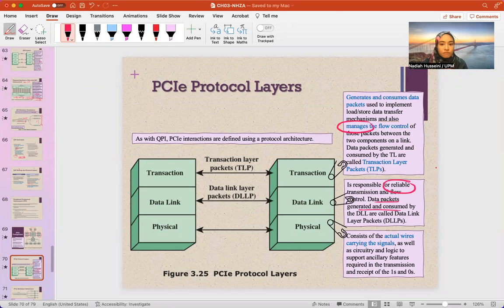But we need to talk more on this to see the difference. In definition, it almost seems similar, right? The data packets generated and consumed by the transaction layer are called the transaction layer packets. So the unit of transfer is transaction layer packets, TLP, whereas for the data link it is data link layer packets, DLLP.